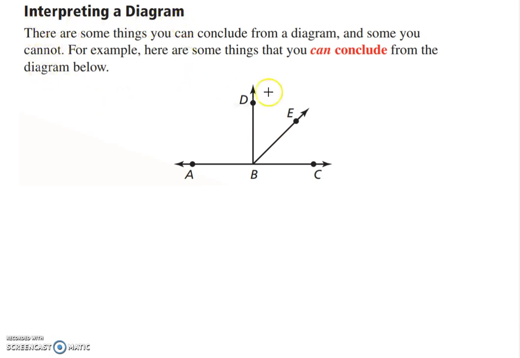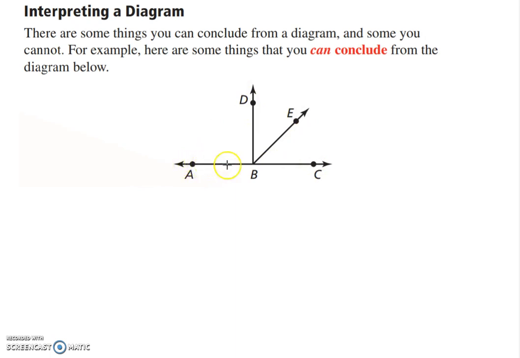All right, interpreting a diagram. Very important. You can't always conclude certain things from a diagram, even if it looks like it, even if you're pretty sure it is. If there's no specific indication, you can't conclude it. Now, here are some things you can conclude from this diagram. We can conclude that all of these are in the same plane.